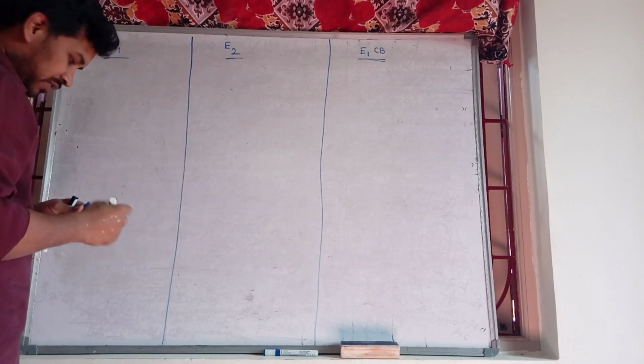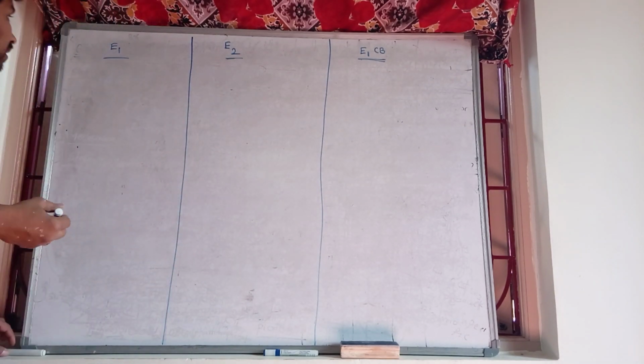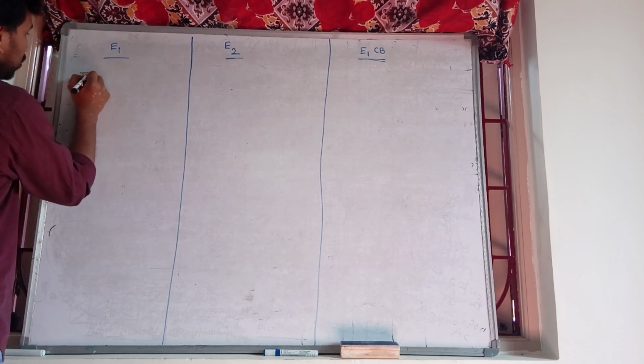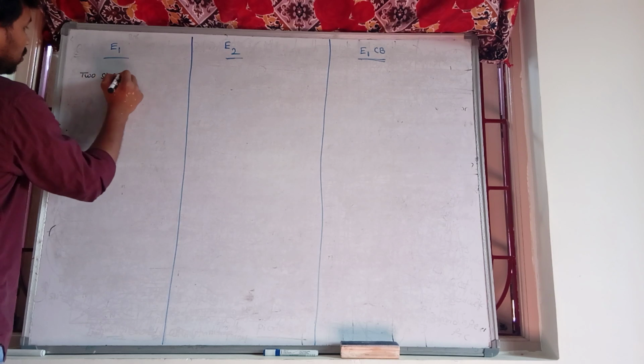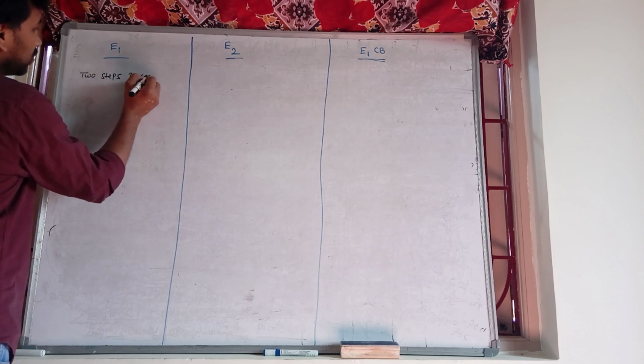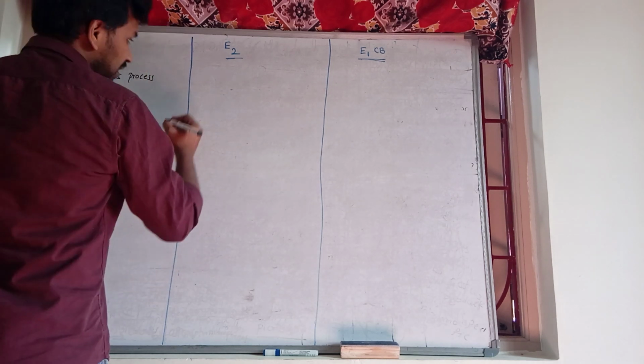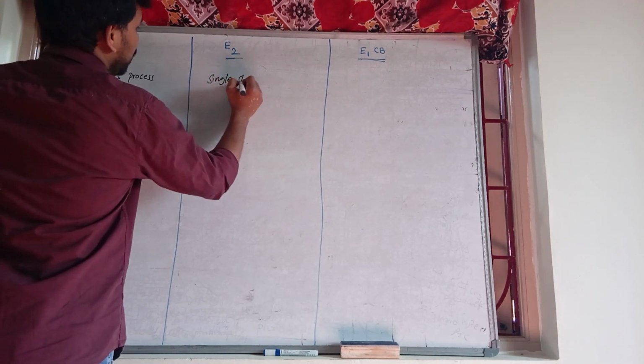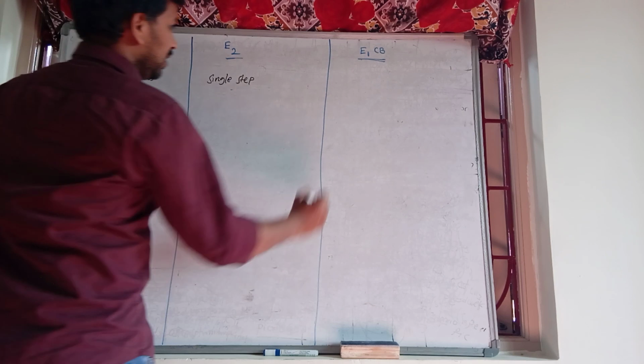Okay, first one. So E1, how many steps in the process? It is a two-step reaction. E2, it's a single step process. E1CB, two steps.